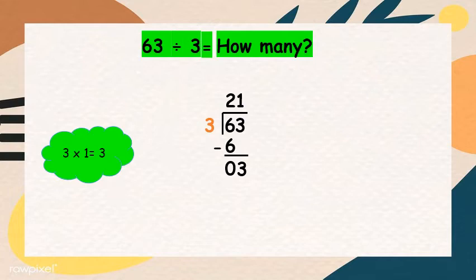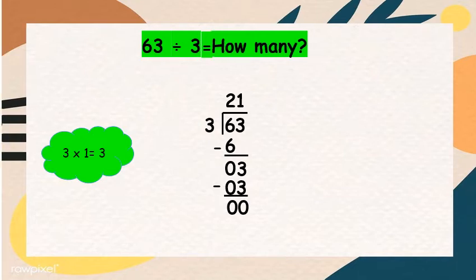Then we multiply 1 times 3 equals 3. So 3 minus 3 is equal to 0. The quotient is 21. So 63 divided by 3 is 21.